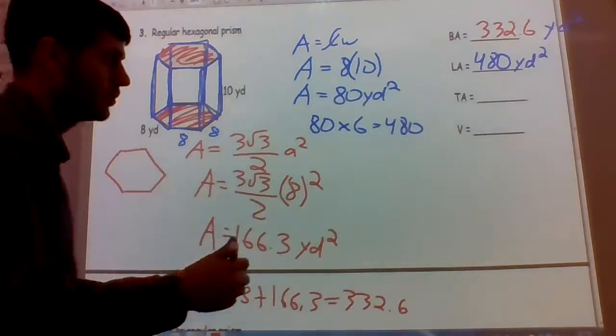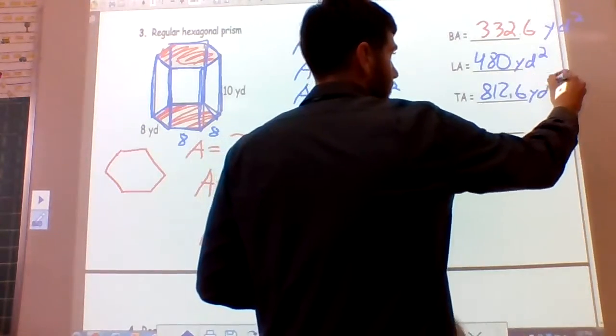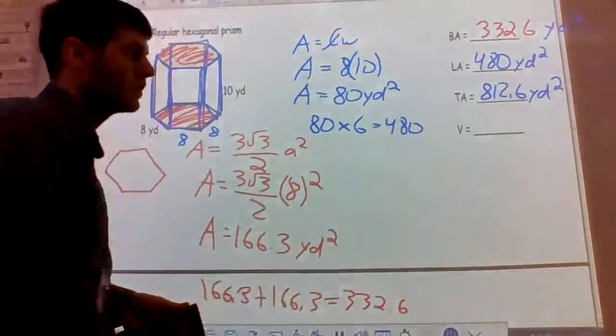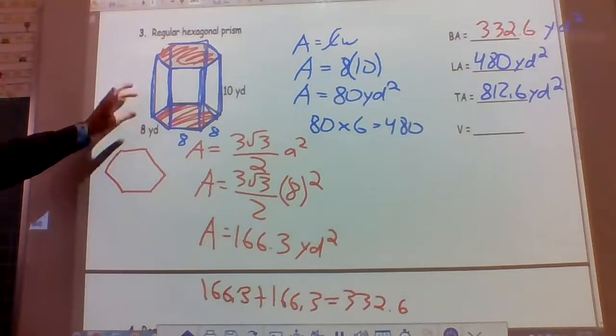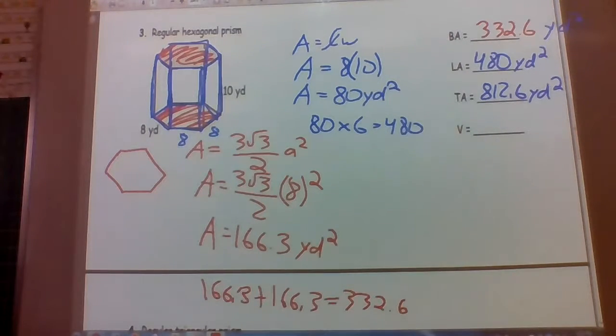That should be 812.6 yards. So the surface area is 812.6 square yards. So if we were wrapping this with wrapping paper, we would need 812.6 square yards of wrapping paper. That would be a very enormous gift, but yeah, this would be huge.